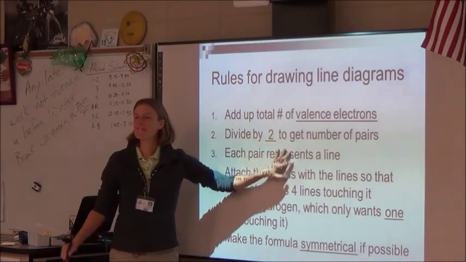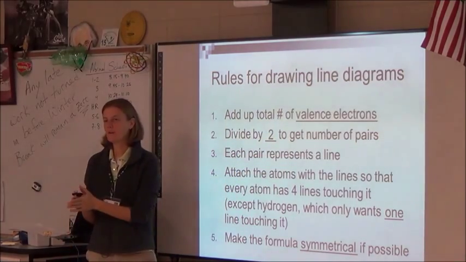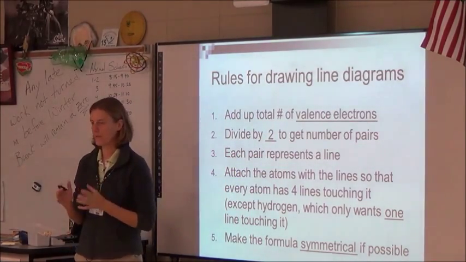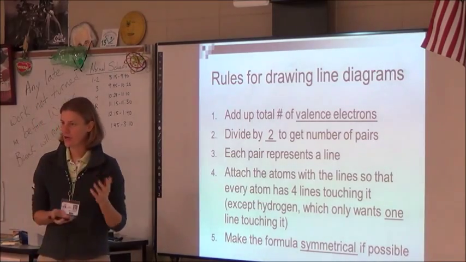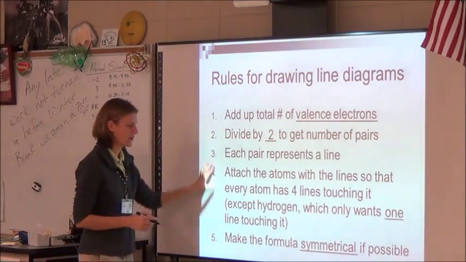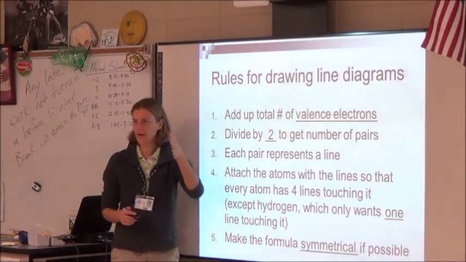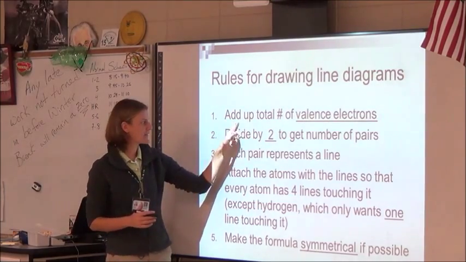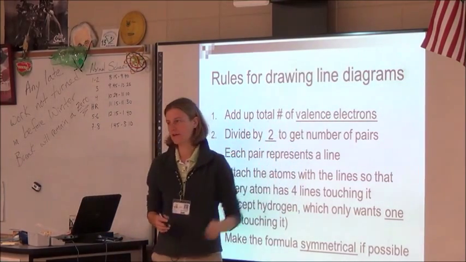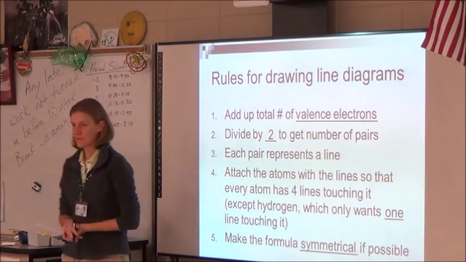Okay. So if I give you a chemical formula without a structural formula with the dots, and I ask you to draw me a line diagram, this is how you do it. You're all correct. You want to know something about the dots. You have to add up the total number of valence electrons you have, which is easy.